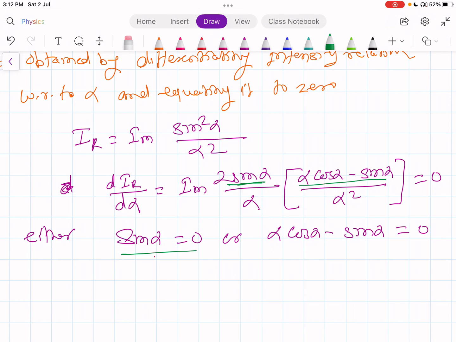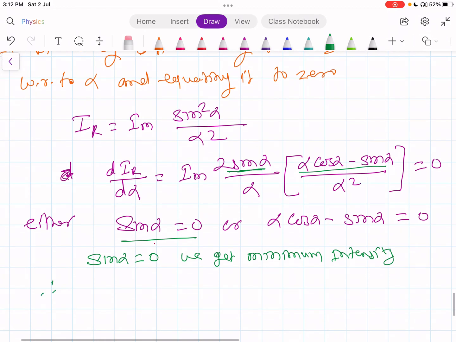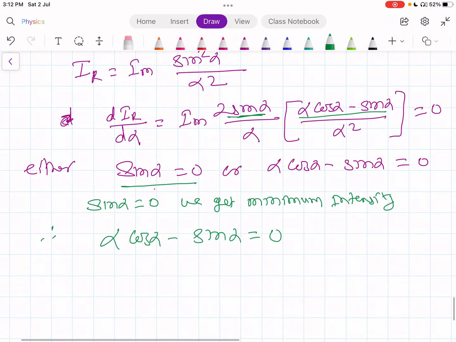But sin alpha cannot be 0 because when sin alpha is equals to 0, we get minimum intensity. And therefore, this alpha cos alpha minus sin alpha should be 0. We can simplify this and we get alpha is equals to tan alpha.